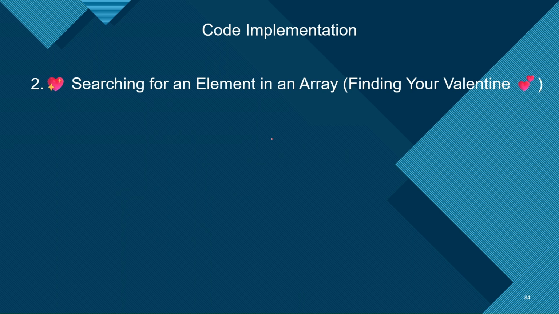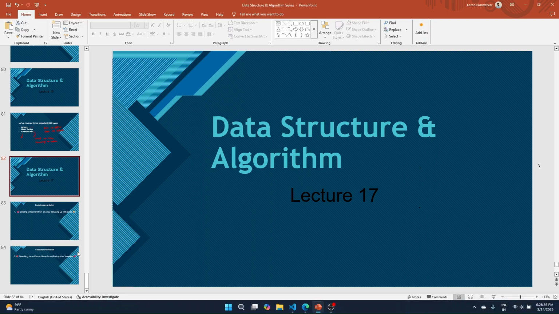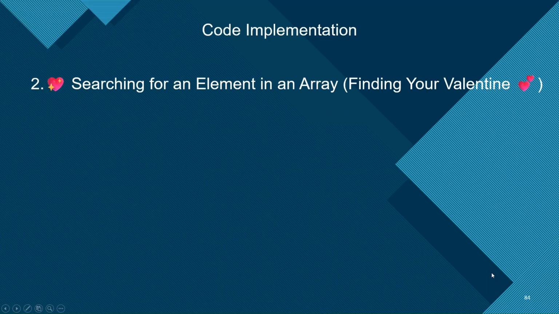The next one is searching for an element in an array. It means finding your Valentine, or we can say finding your new girlfriend. So let's start again. The second one is finding your Valentine, or we can say finding someone special.